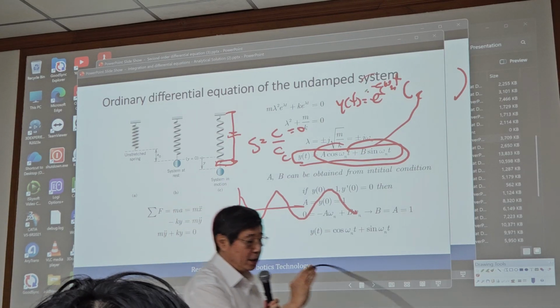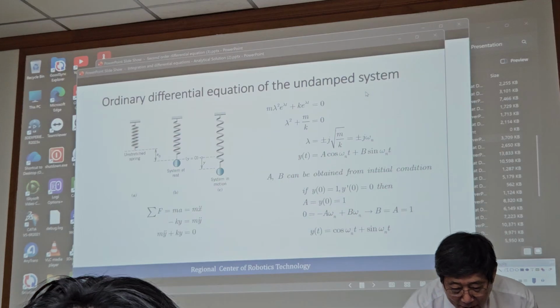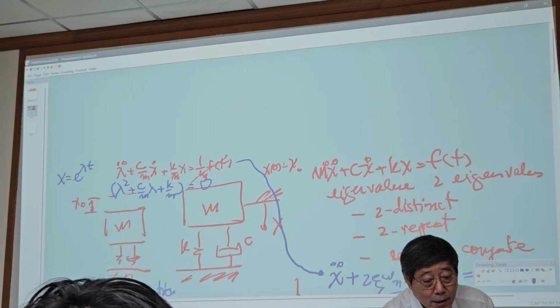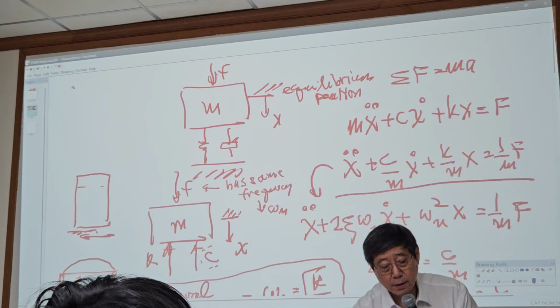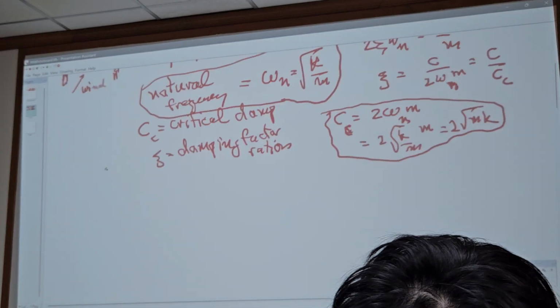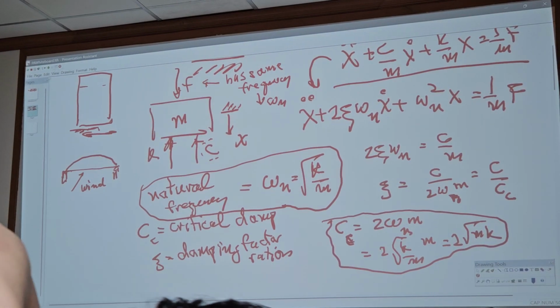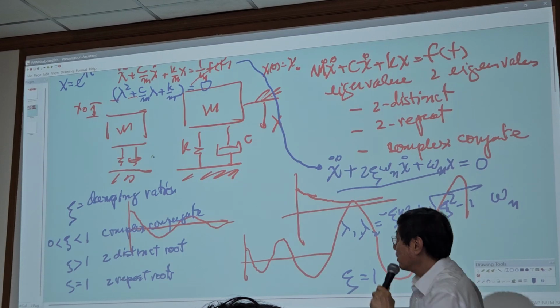So how come it is possible to have this one? Is it possible to have this oscillation? Okay, is it possible to have this one?